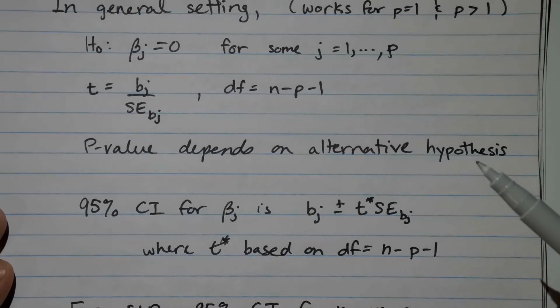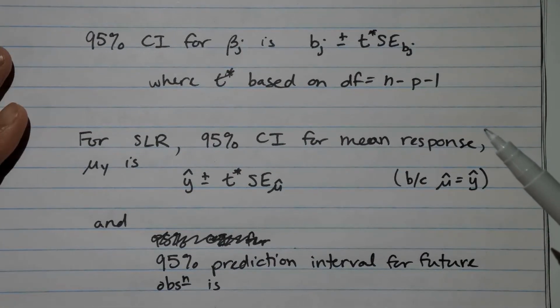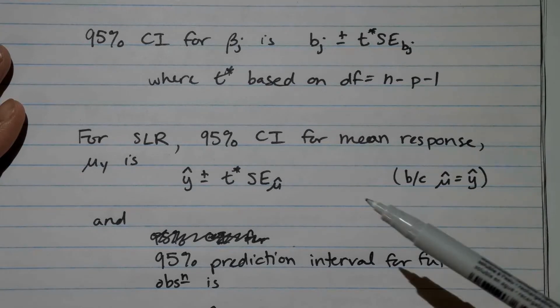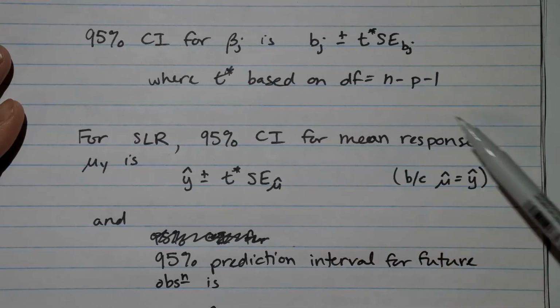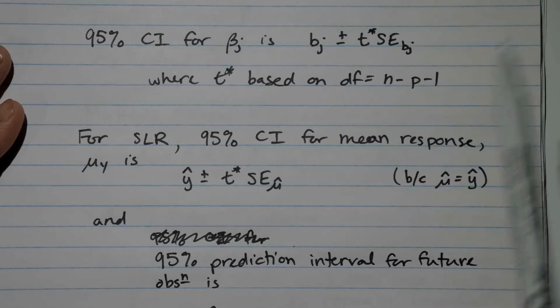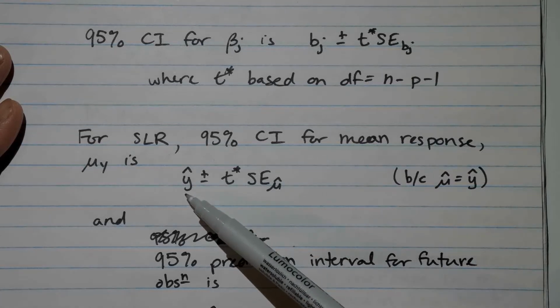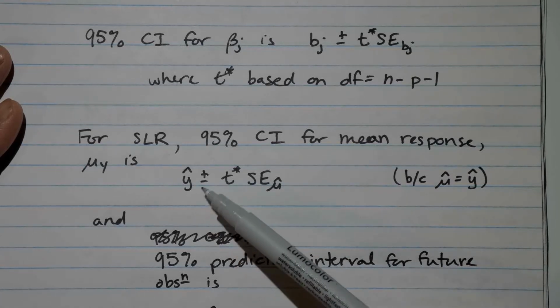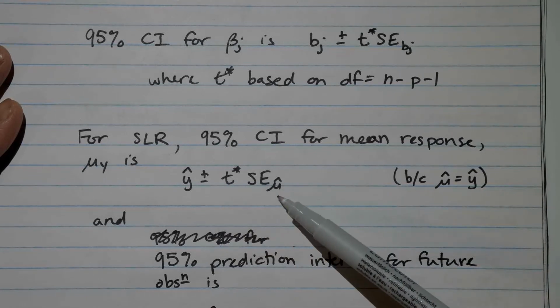In the case of simple linear regression, we also talked about a few other types of intervals. So we could also think about building a 95% confidence interval for the mean response. So if we were to randomly select a unit from our sample, our best guess at the response for that individual, for the mean response, would be y hat plus or minus t star standard error of mu hat.